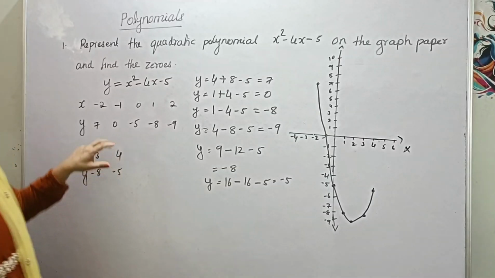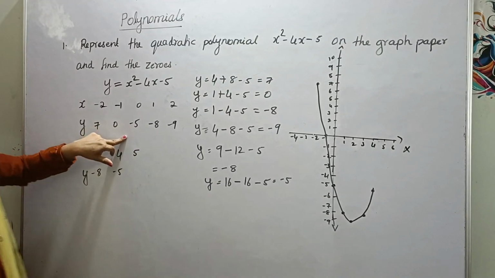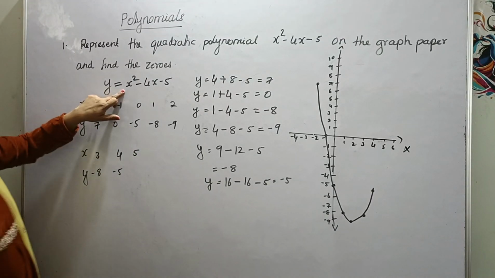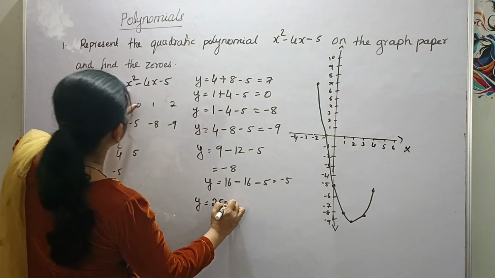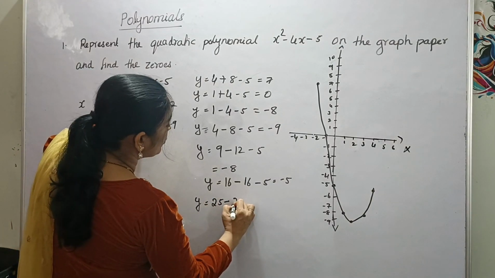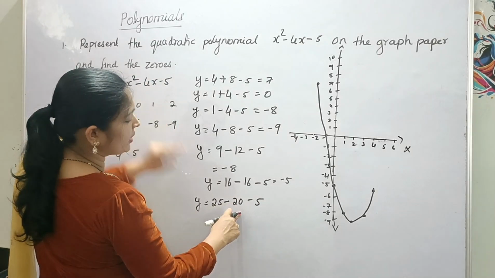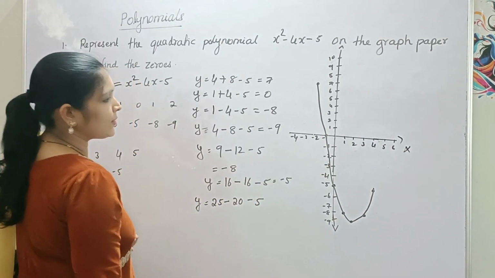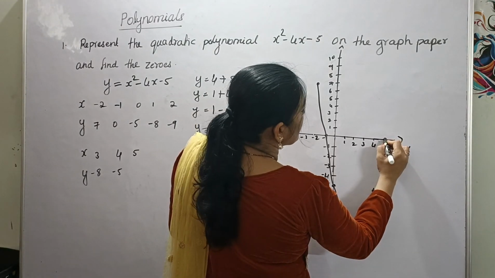After that, again when x is equal to 5, 5 square 25, minus 4 into 5, 20, minus 5, that is 25 minus 25, 5 minus 5, 0. So when x is equal to 5, y is 0.